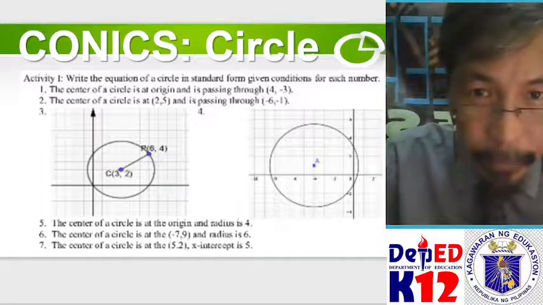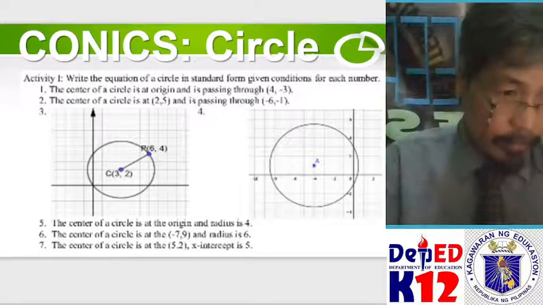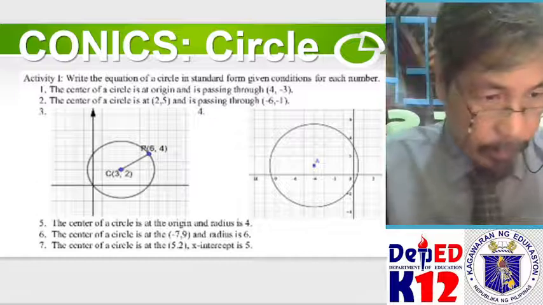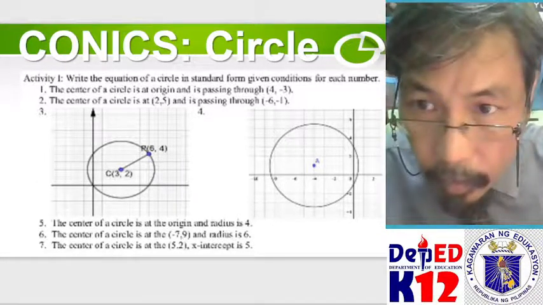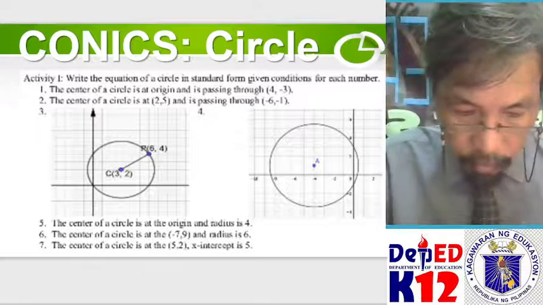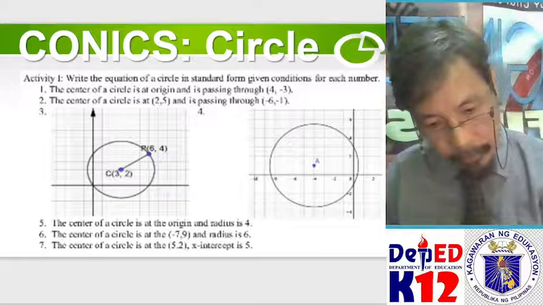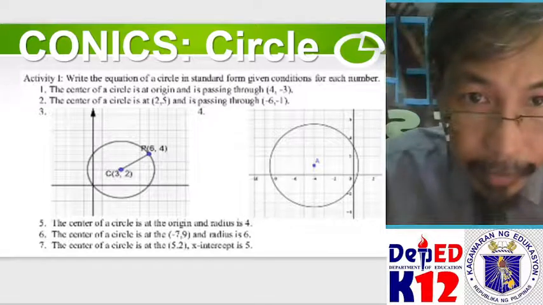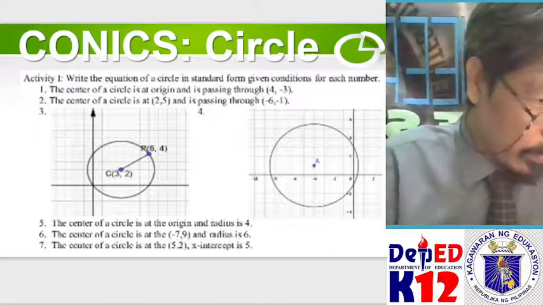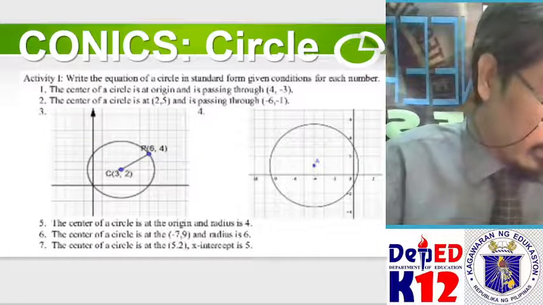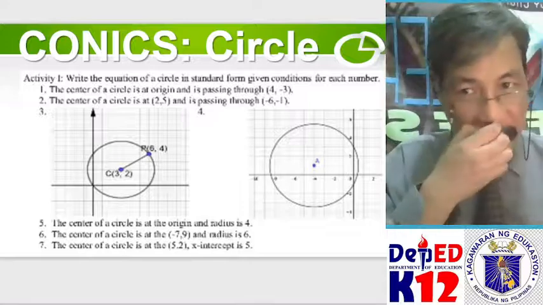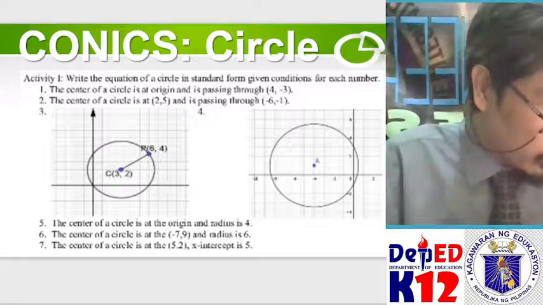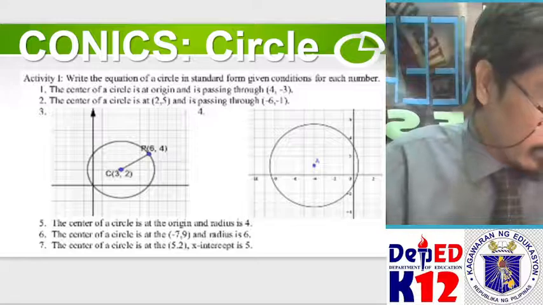The center of the circle is located at 5 and 2, while the x-intercept is 5. The x-intercept is 5.